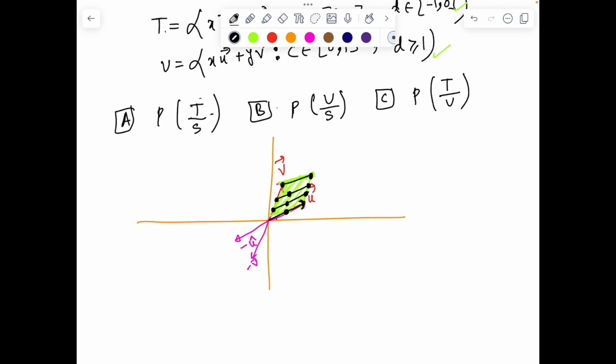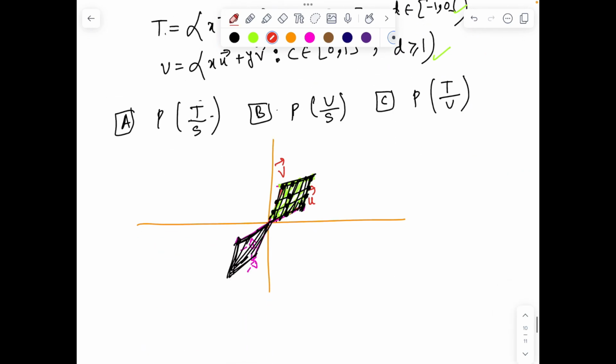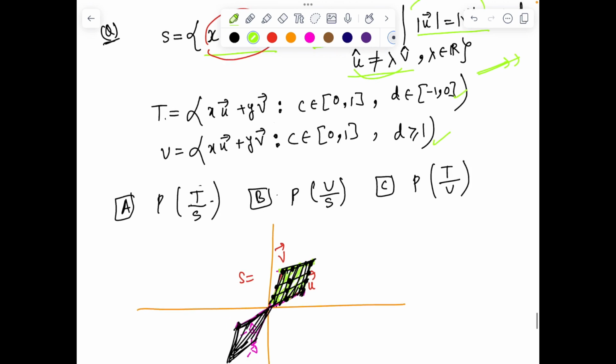If u is u by 2, then again I'll keep on getting all these points as shown in the diagram. So it will give the entire region bounded by u and v as a parallelogram. Similarly, on the other side by symmetry, I'll get the same answer. So as you can see, we are getting these two parallelogram chunks. So this is nothing but set S.